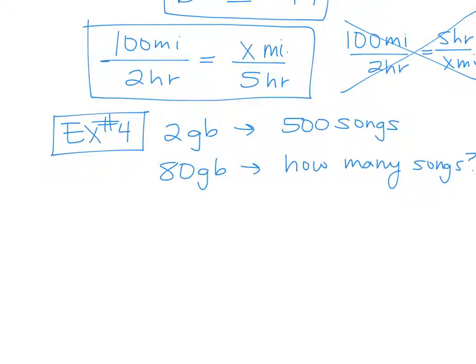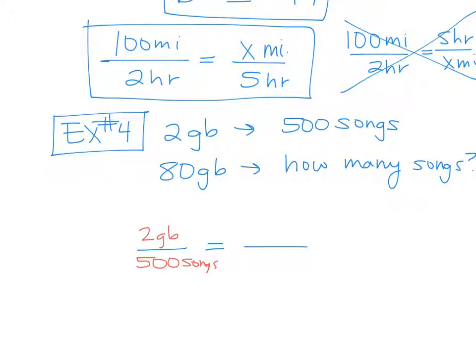So what you're going to do is set it up as a proportion. So something over something equals something over something, a proportion. If it's 2 gigabytes, we're going to put that on top. That can hold 500 songs. Where is the 80 going to go?